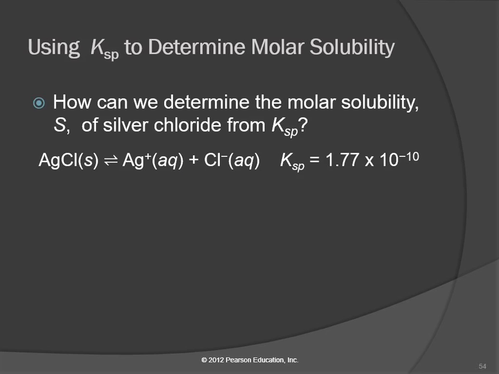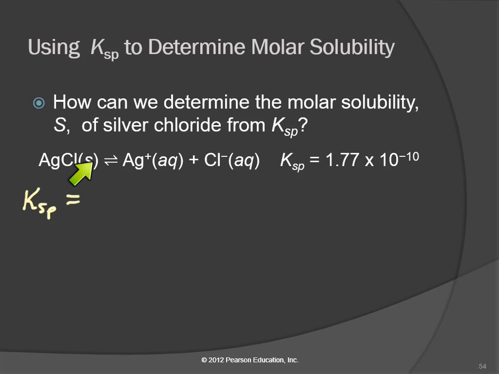So molar solubility is often abbreviated with a capital S. That's the moles that will dissolve in 1 liter of solution. So how would we do something like this? Well, what would be the expression that we would use for KSP for this compound? It's the products over the reactant.